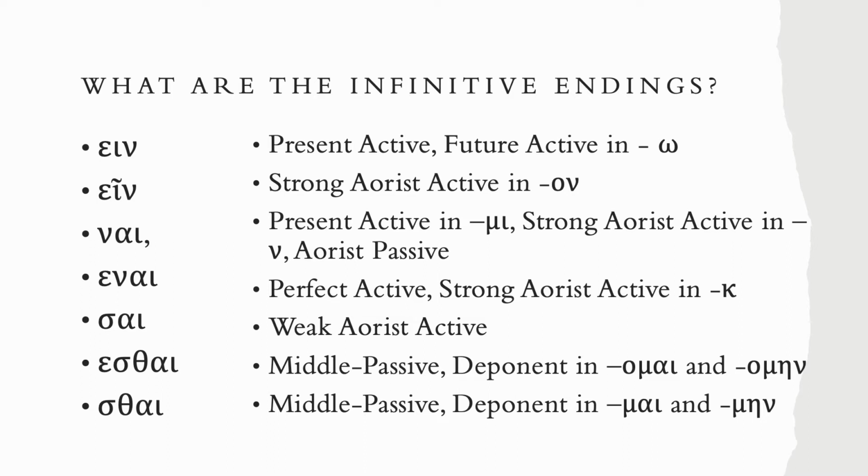Nai will show up in present active in mi verbs. It will show up in strong aorist actives that have nu, and it will show up in the aorist passive. Nai will show up in the perfect active and strong aorist actives that have the kappa.